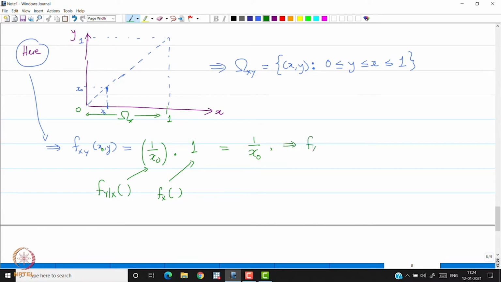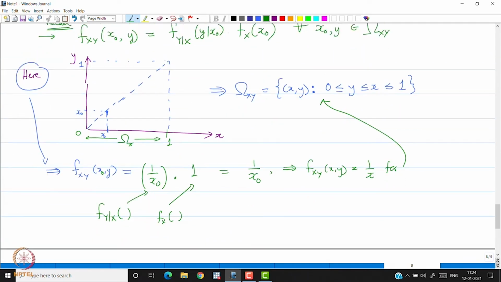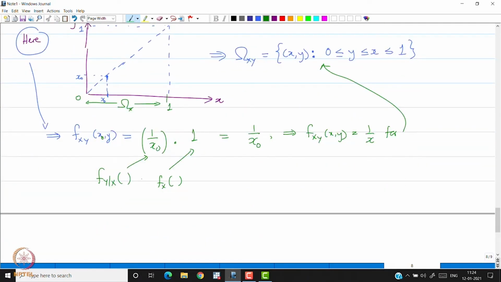So f xy of x comma y is basically 1 by x for x, y in that triangular region. This equation is obviously true because f y given x was 1 by x naught for any value taken by capital X, and therefore we can drop that subscript 0, and this is our joint PDF of x and y.